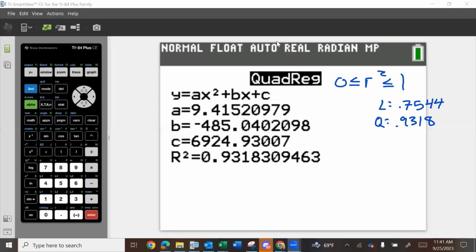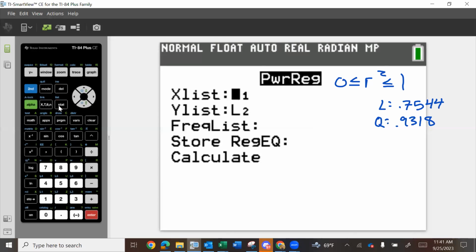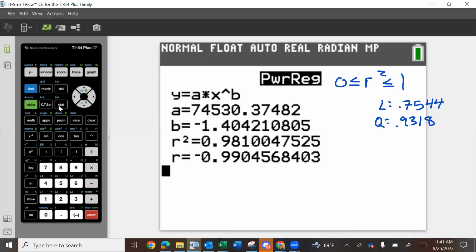Let's go to the power model. How do I do stat over? Power was what, like A or something? Okay. Ooh, that's higher. Certainly. So r squared is 0.9810.